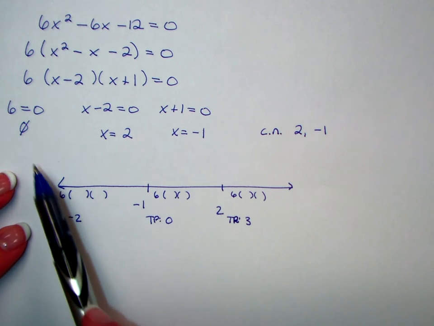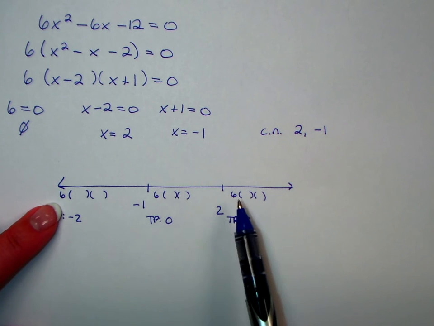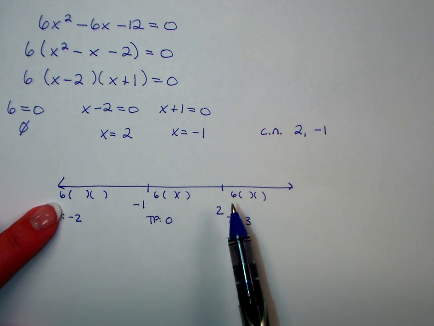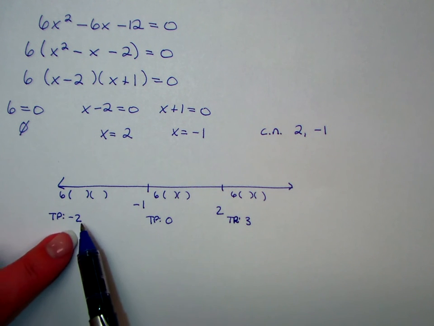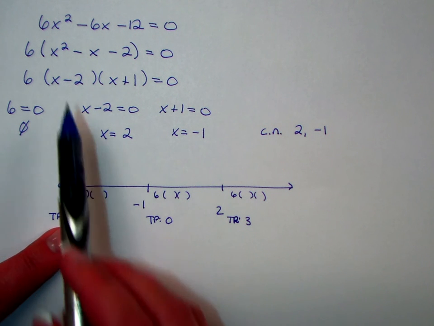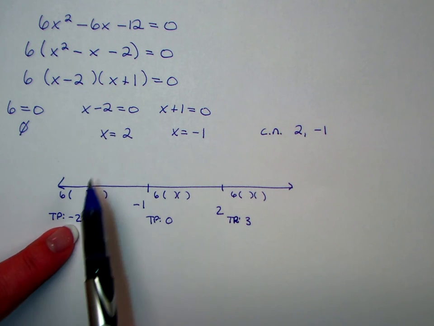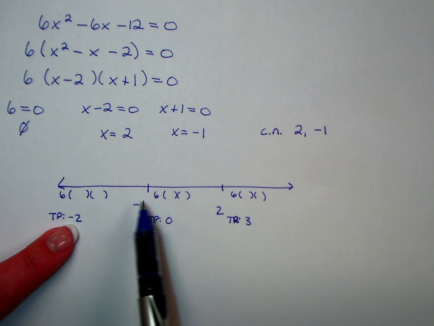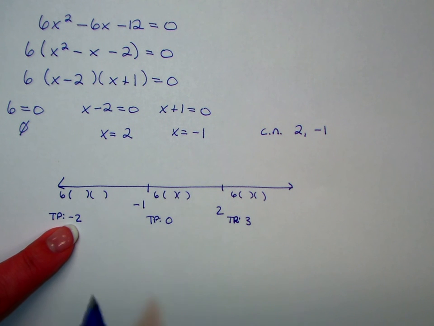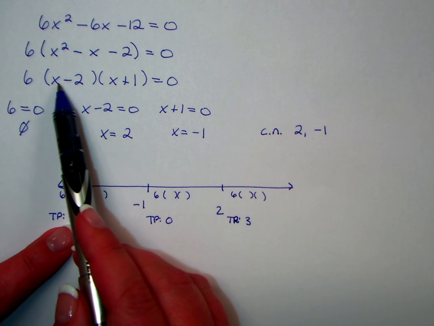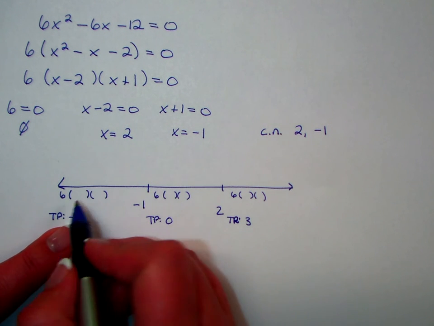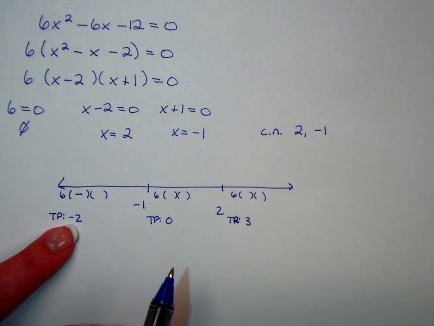Now, I put the 6 here, but the positive number is not going to change the sign of the derivative, so I don't really need it. But what I want to do is plug these test points into these factors. And in these open sets of parentheses, I'm just going to indicate whether the number is going to be positive or negative. So if I plug negative 2 into this first factor, negative 2 minus 2 is negative 4. So this first factor is going to be negative.